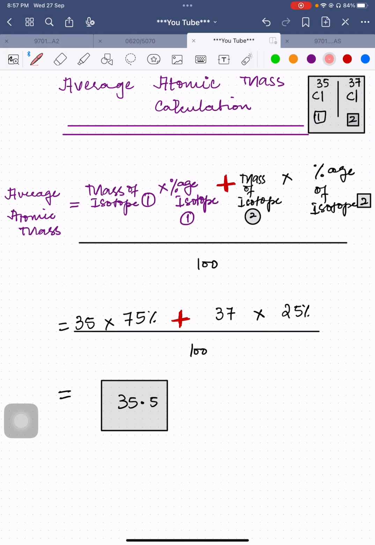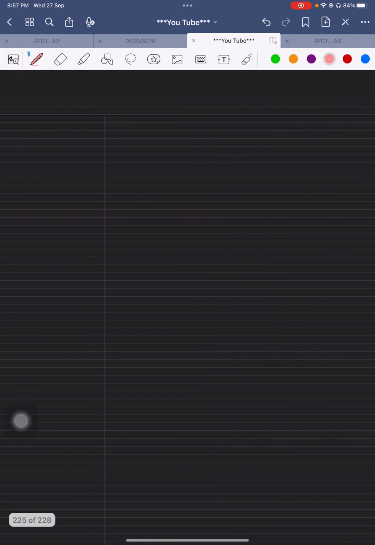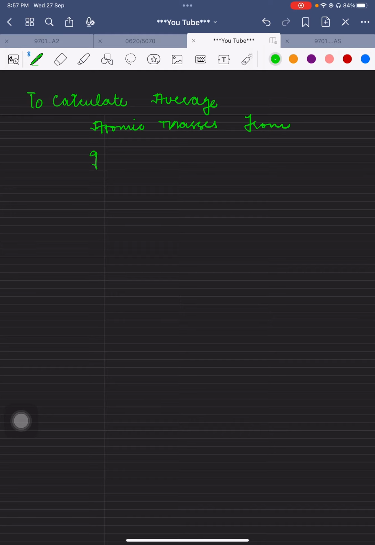Now I am telling you that there are two types of questions related to isotopes. One is to calculate average atomic masses from given percentages.